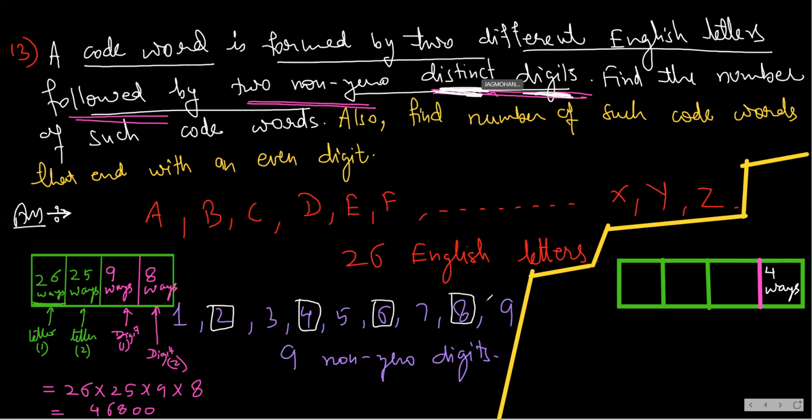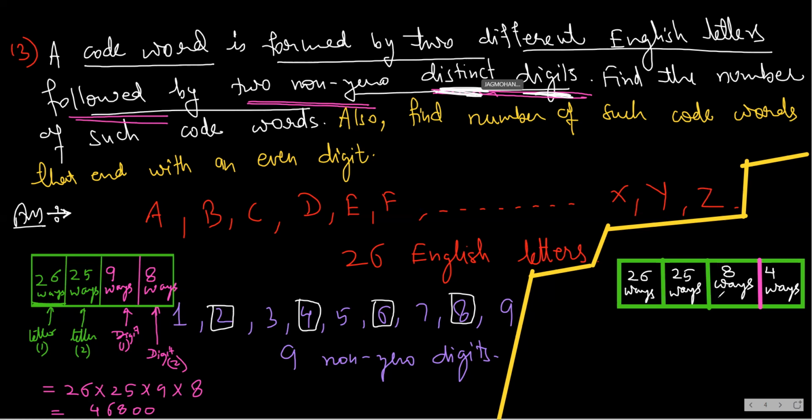Now, out of these 4, any one you have already written here. So you are left with 3 even digits, and along with these 5 odd digits, 3 plus 5, 8. So in total, you are left with 8 digits, and you can have any one of those 8 digits here. So 8 ways you can have the second last digit. So far as the English letters are concerned, it is 26 and 25 without any change.